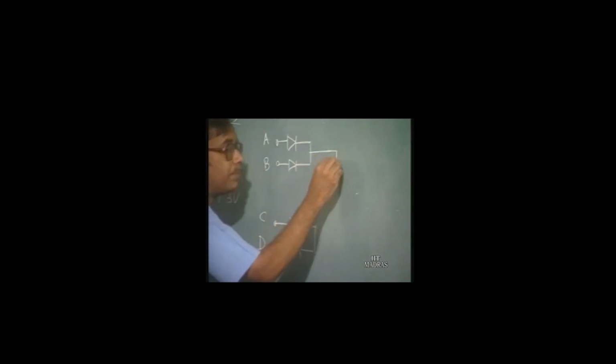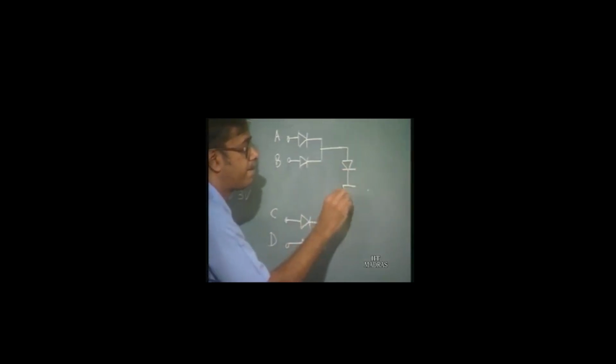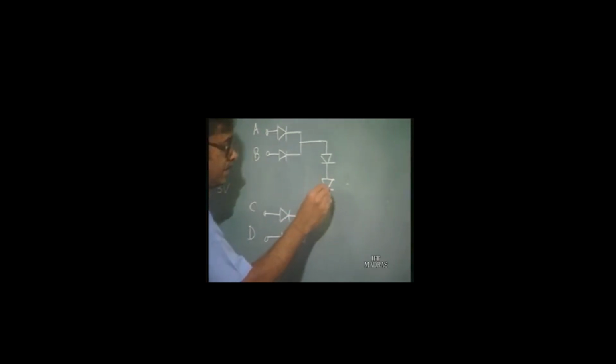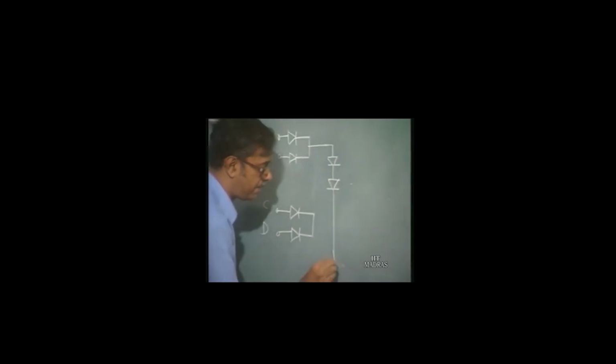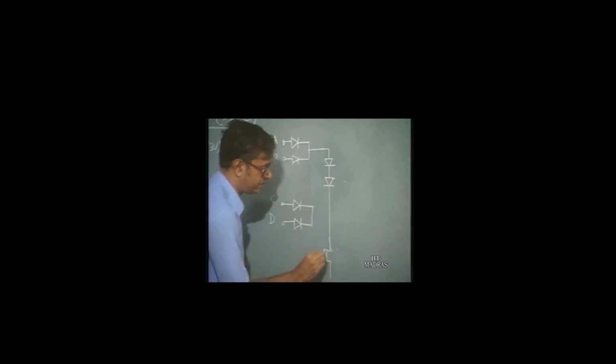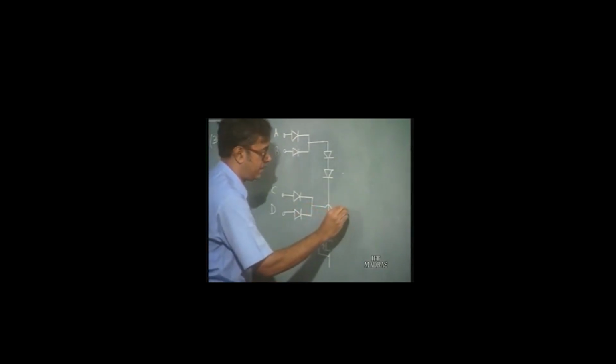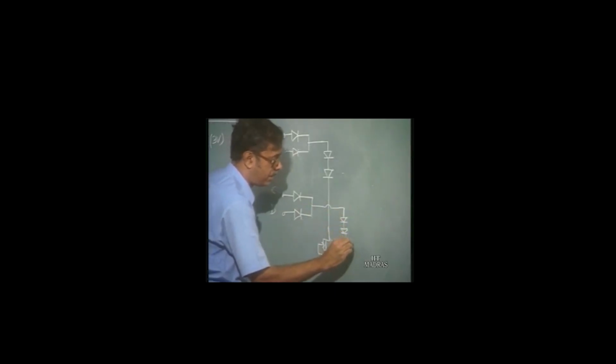This is A, B, this is C, D, and you have a level shifting circuitry followed by the pull down transistor, and here again you have another set of level shifting circuitry followed by the pull down transistor.